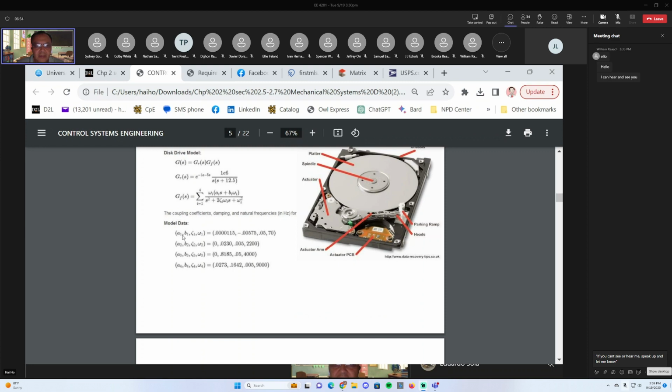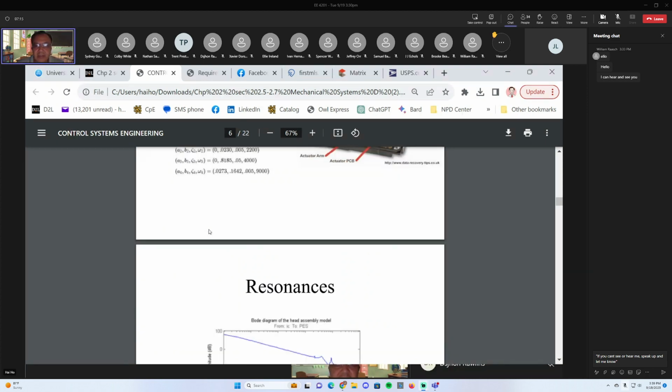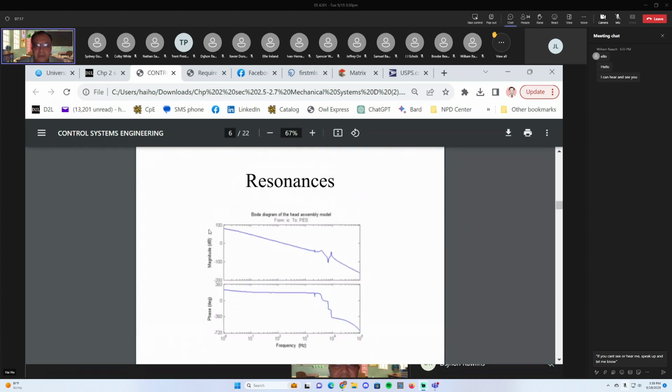Okay, and some of these parameters of A and B and zeta again are given below here. So if you really want to simulate the disk drive servo, these can be used as numerical coefficients in this model, and you can see how it behaves, especially how the resonance impacts the system.